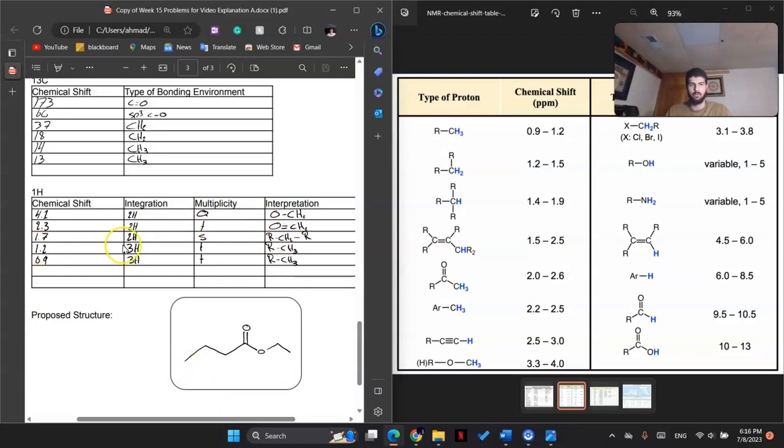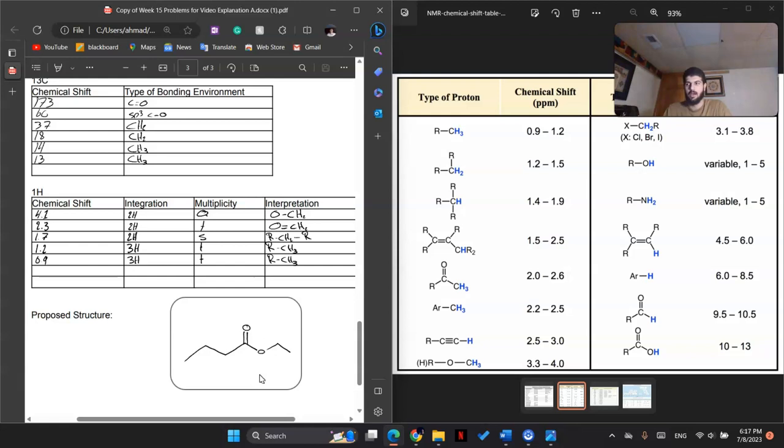And then the following would be our 1.2, our last CH2. 1.2 would be a triplet, which would be this carbon right here, just because it would be closer to the oxygen.